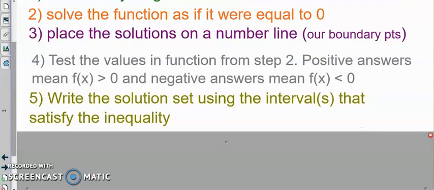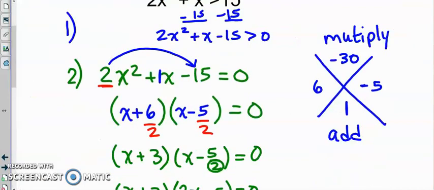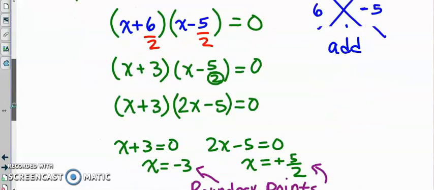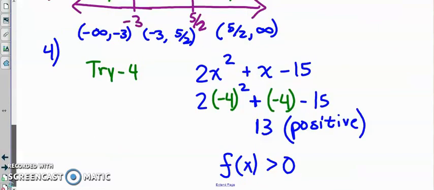That makes sense because in our problem, we're looking for where f of x, this function right here, is greater than 0. So anything greater than 0 is going to be part of our solution set. We automatically know that negative infinity to -3 is part of our solution set because that's where it's greater than 0.